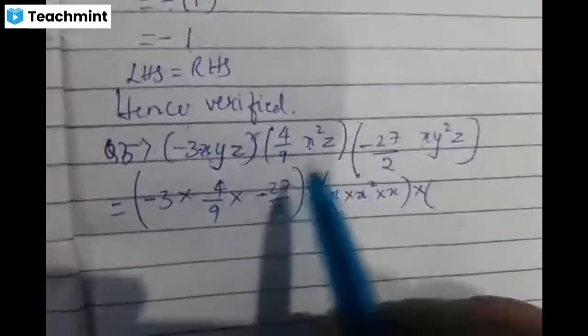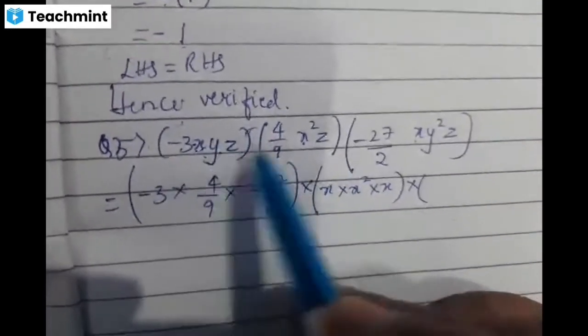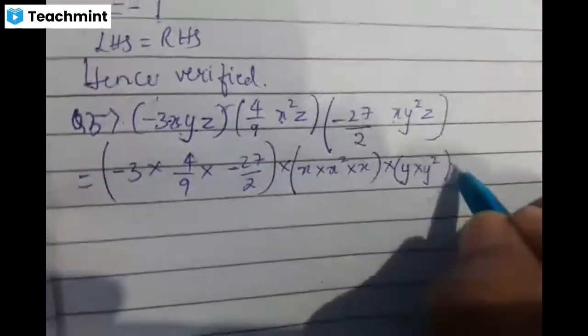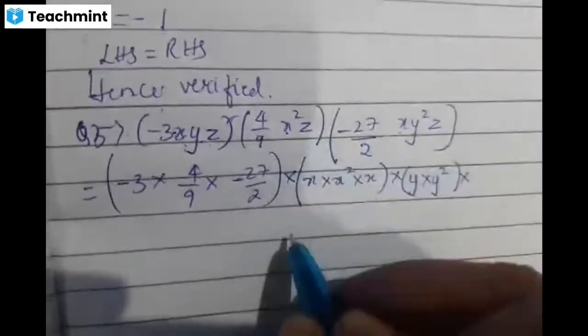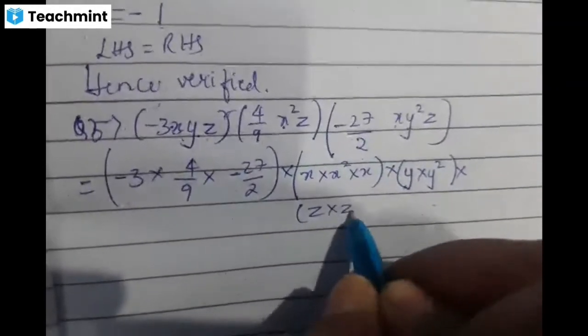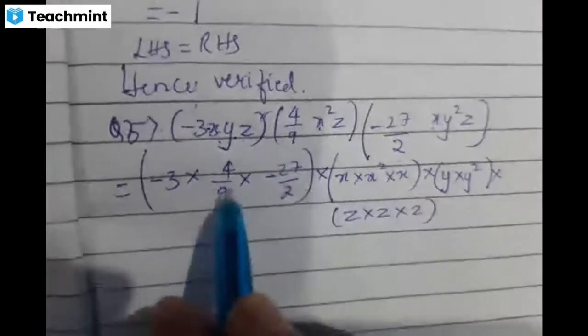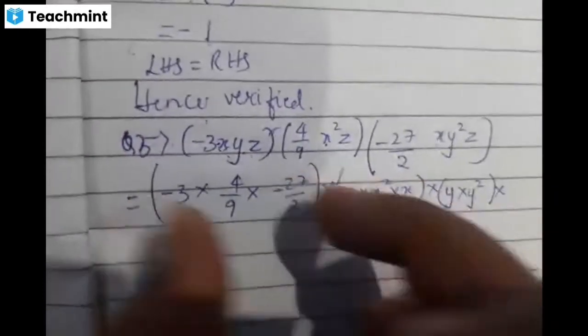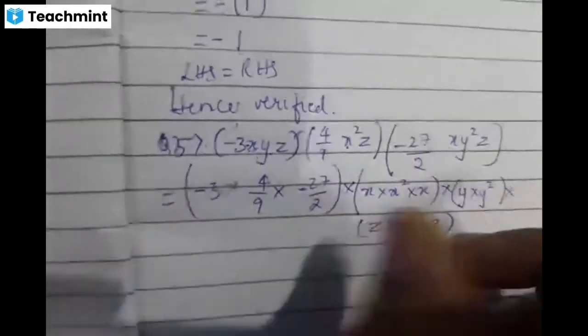Again, in the next bracket, we have to observe what is the next variable. Here you have y, you don't have y here. Here you have y square. So I am going to multiply y into y square into, again you have z into z into z. In this way, we have grouped them which are common. Constants in one group, common variables in other groups.